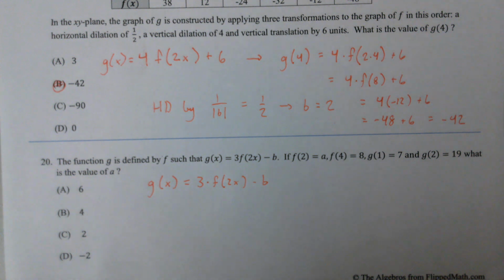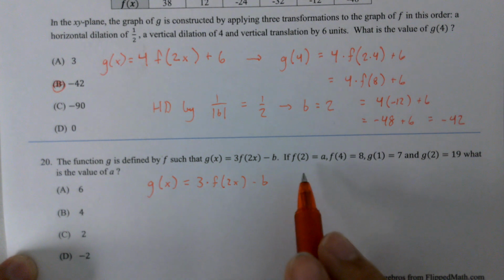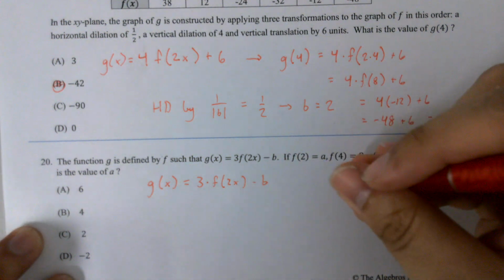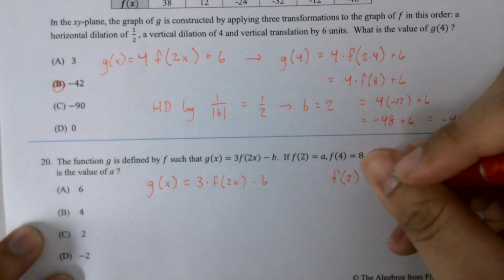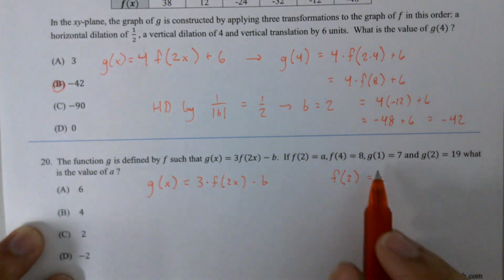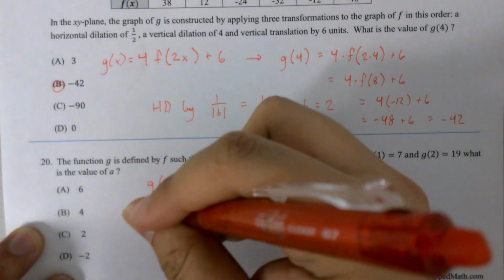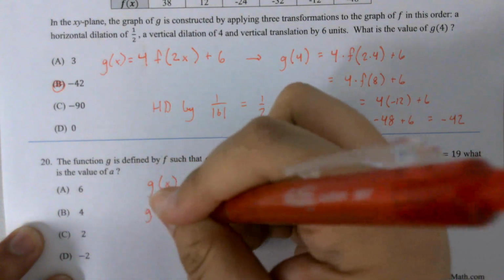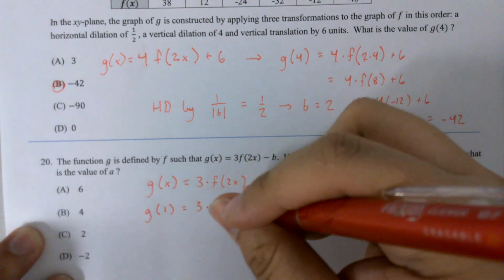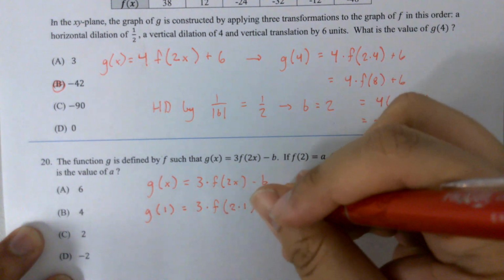Okay, so this is probably important, that f of 2 is equal to a. So if f of 2 is equal to a and g of 1 is equal to 7, check this out. g of 1 is equal to 3 times f of 2 times 1 minus b.